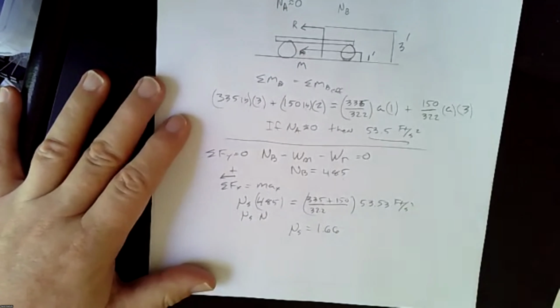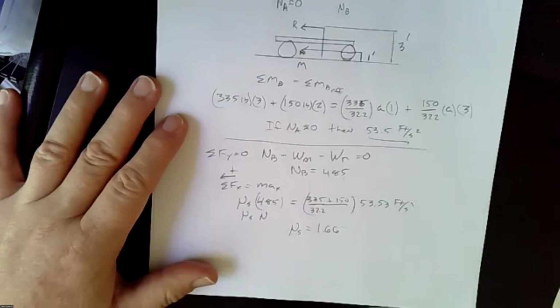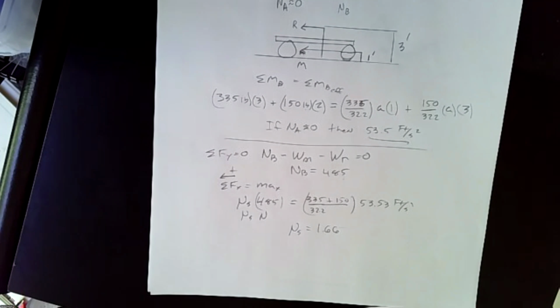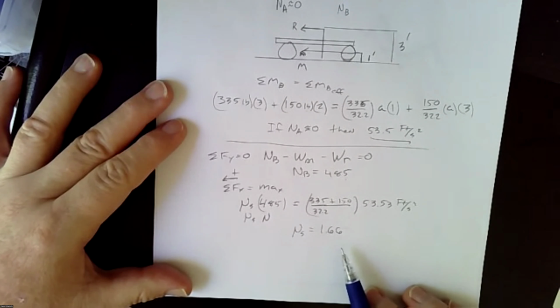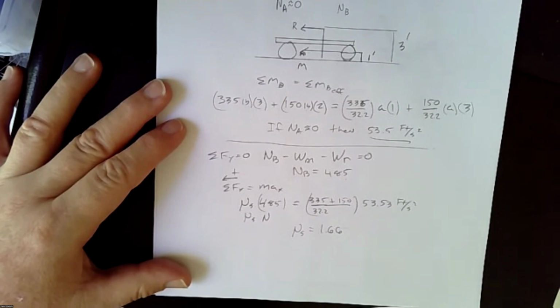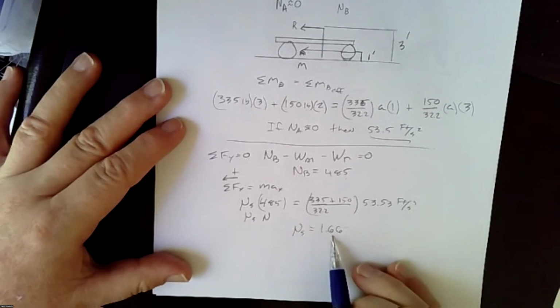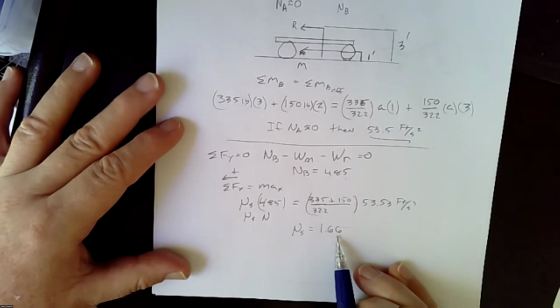Remember, the original question was to determine the largest coefficient so that the rider won't tip, or won't leave the ground. So the only way that the wheel will not spin, just sit there and burn out, is if you have a friction coefficient of 1.66.